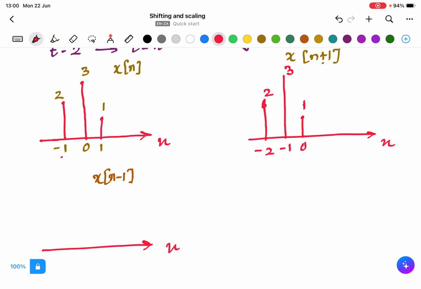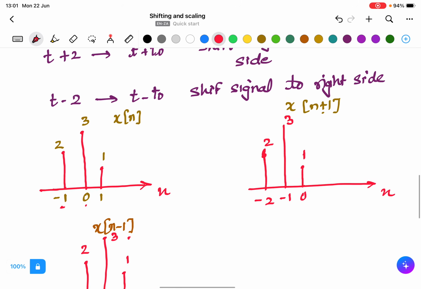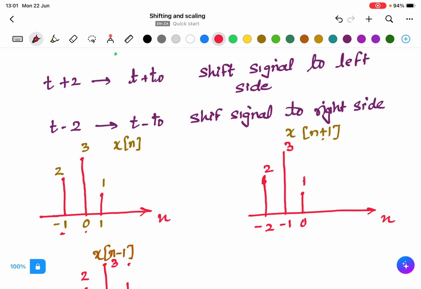Whatever you have at -1 will now move to 0, so the amplitude is 2. Then at 0 the amplitude is 3 and moves to 1, and whatever the value is at 1 will now move to 2. Okay, and this rule applies to both time domains.